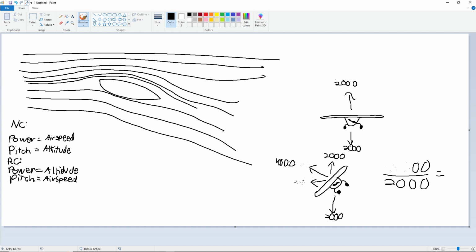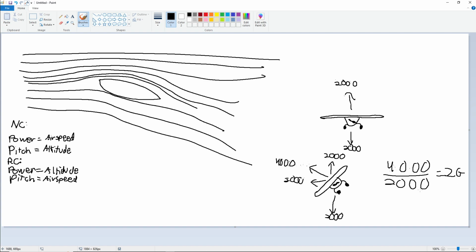Let's just say we're at like a 50 degree bank. 2,000. Okay, let's say at this bank angle, we need to make 4,000 total pounds of lift in order for our vertical component to be 2,000 in order to maintain our altitude. So if this was 4,000, then we would be at 2 Gs.